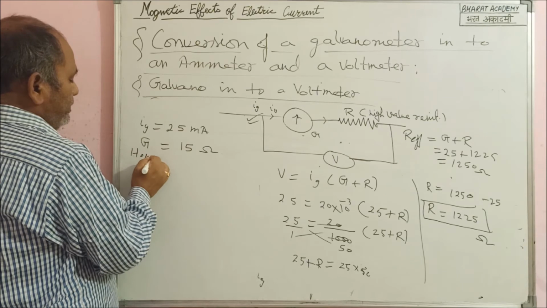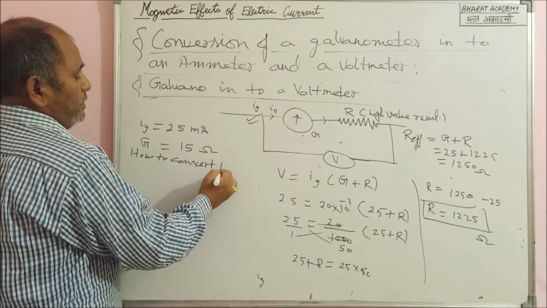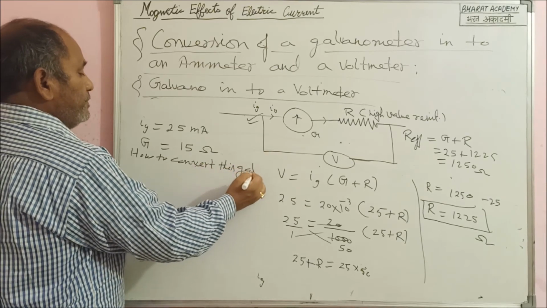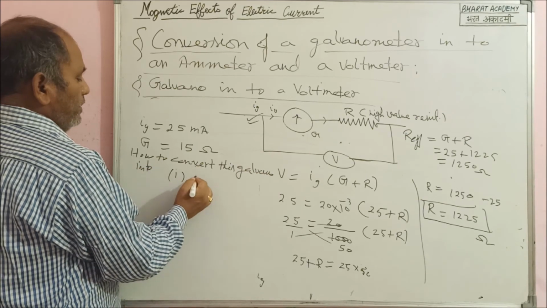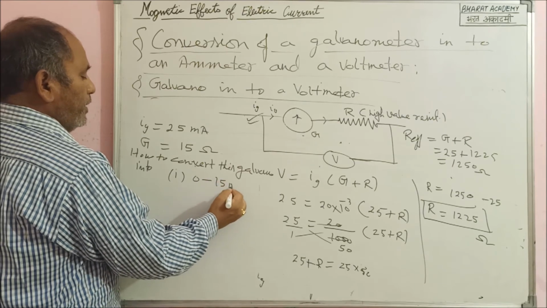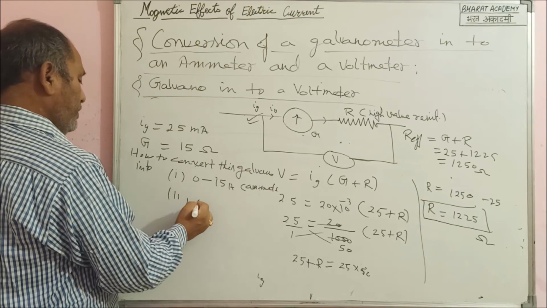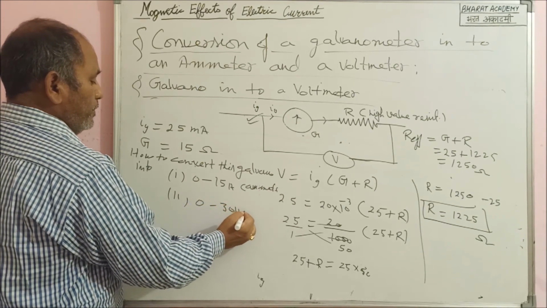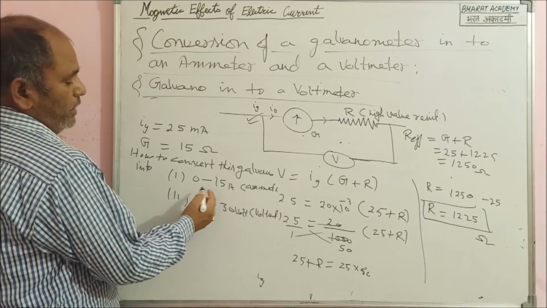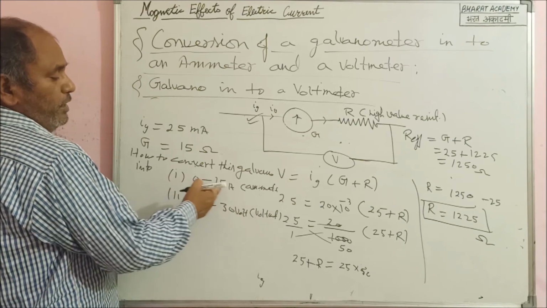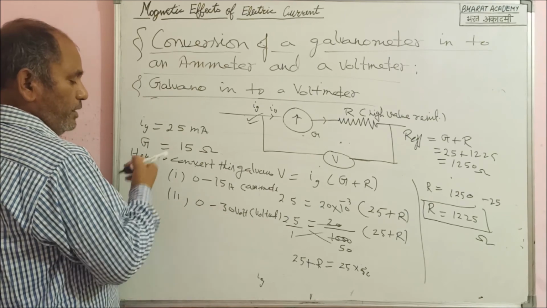How to convert this galvanometer, in the first part, into a 0 to 15 ampere ammeter, and in the second part, into a 0 to 30 volt voltmeter? Don't get confused by these values. We have to read the maximum value. If it could read 15, it can read all other values. Same way here, if it could read 30 volt, it will read all other values.